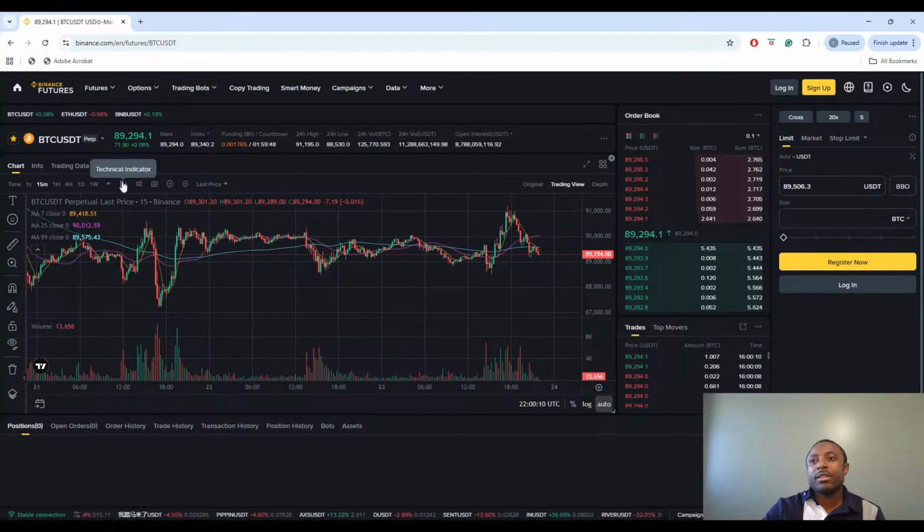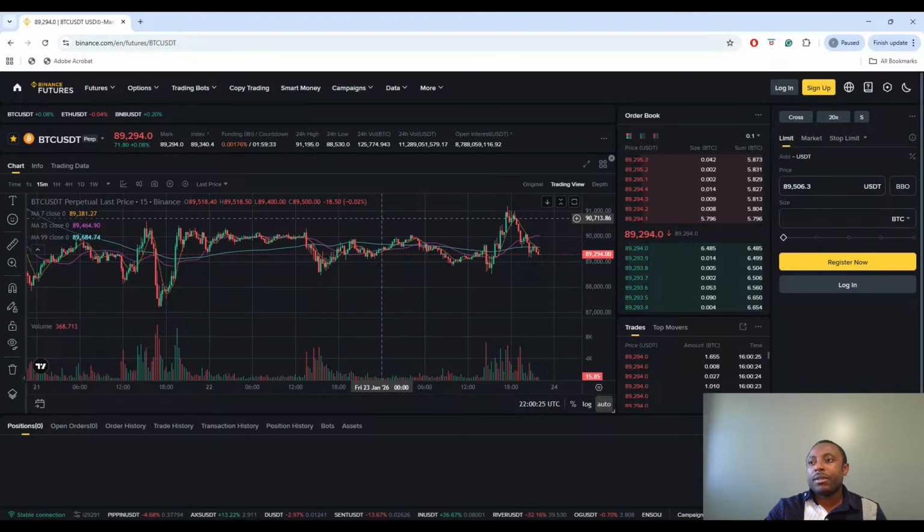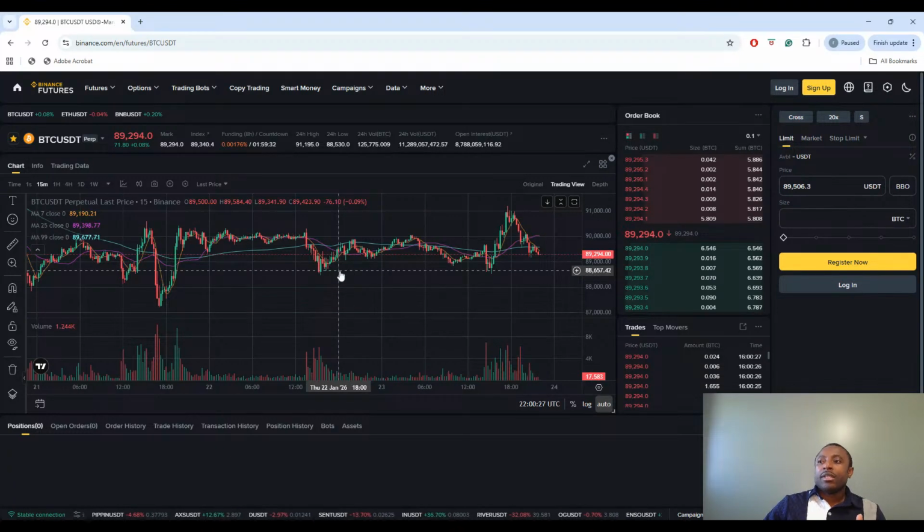Now go back here. These are technical indicators. That's where you have the moving average and other indicators that will tell you what's going on. One thing before we continue is that indicators fall into two categories.